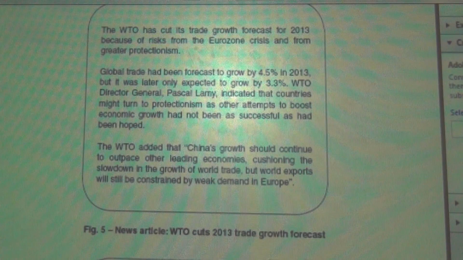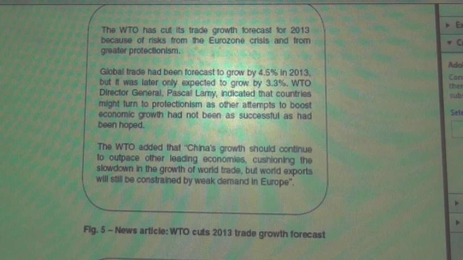The WTO added that China's growth could continue to outpace other leading economies, cushioning the slowdown in the growth of world trade, but world exports will still be constrained by weak demand in Europe. China, one of the BRIC nations, Brazil, Russia, India, China, as I'm sure you know, growing, I guess, at around an average of 7 to 8 per cent per annum.